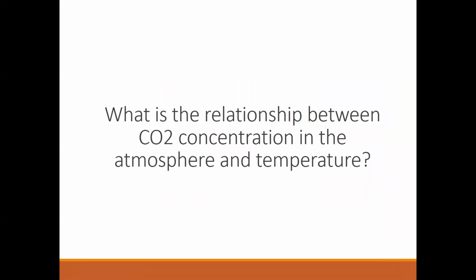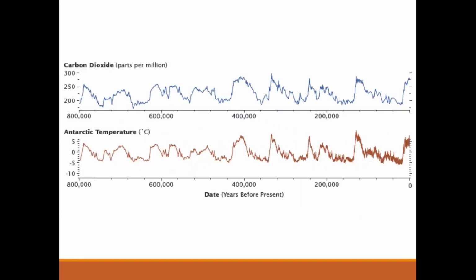What is the relationship between carbon dioxide concentration in the atmosphere and temperature? With those last slides, they should have gotten you through the basics of the carbon cycle, and hopefully you are understanding it now. The reason we talk about the carbon cycle is to understand this issue of climate change. In this figure from your reading, and in our climate change lab you're going to reproduce some of these graphs with publicly available data, you're seeing a strong correlation when we cast back thousands of years through our climate proxies.